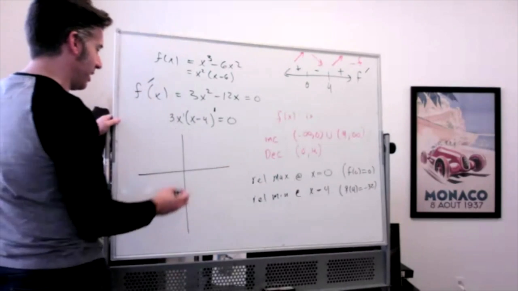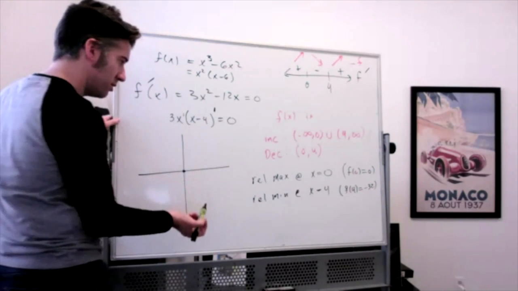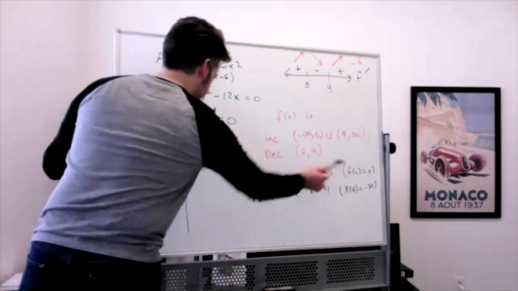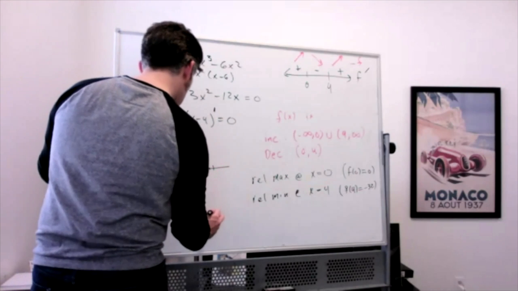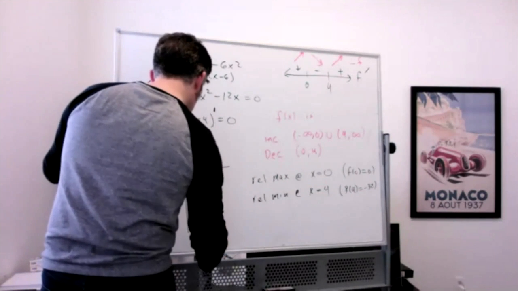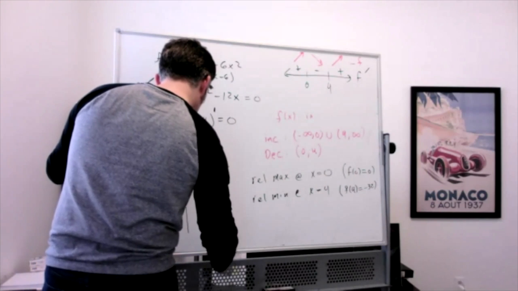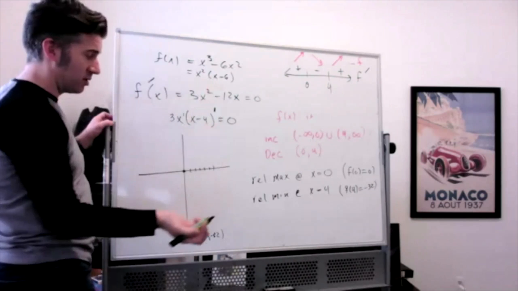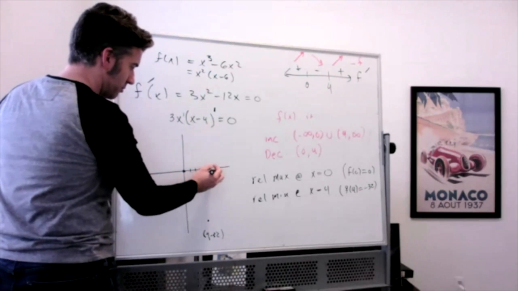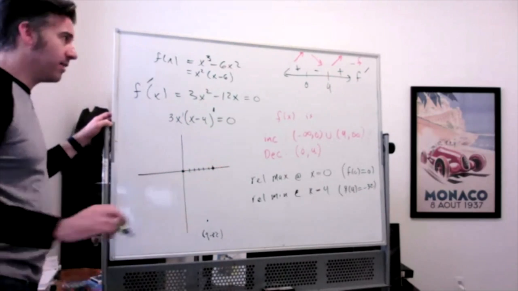So here's what I get. I get the point 0, 0. I get the point 4, negative 32. And I will also mention, just because it's an important point, x equal to 6 is also an x-intercept. So here's what I get.